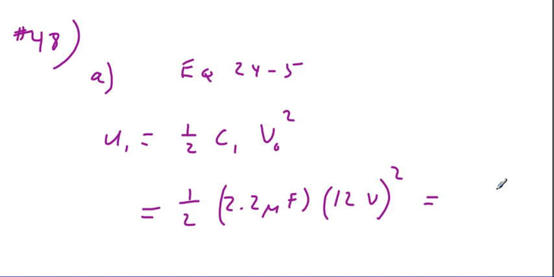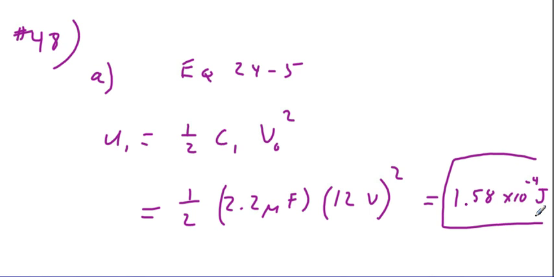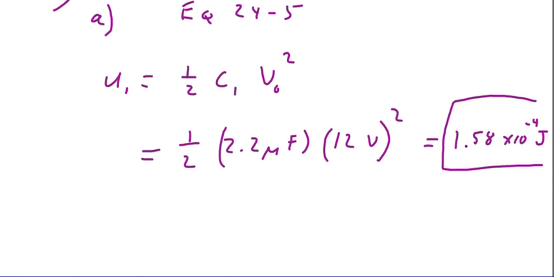How many significant digits are there in the problem? 3 significant digits. So we're going to leave our answer at 3 significant digits, 1.58 times 10 to the minus 4th joules. Okay, so that's how much is stored originally.